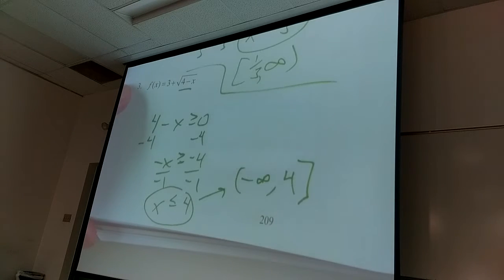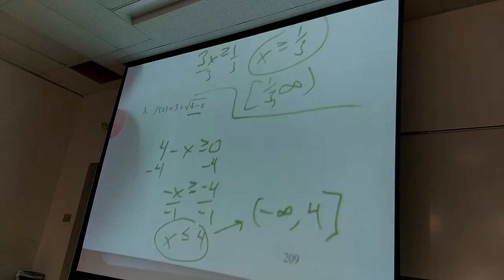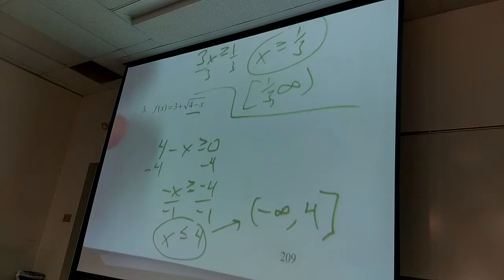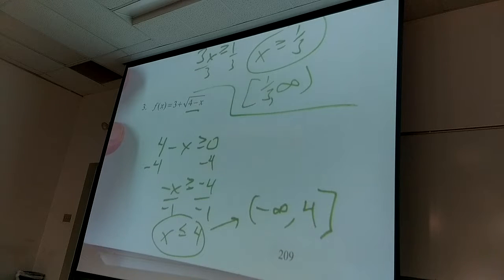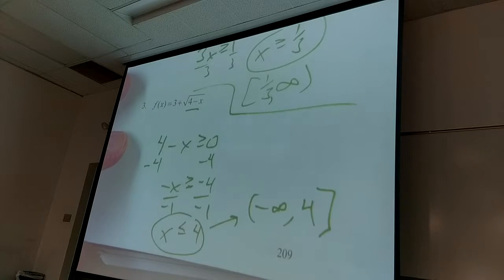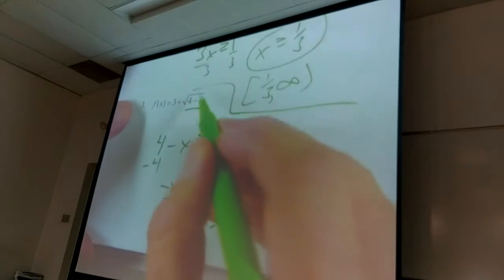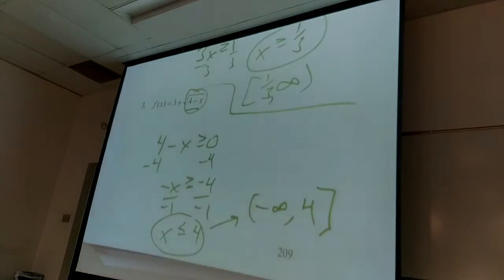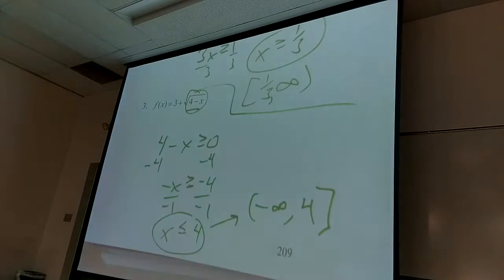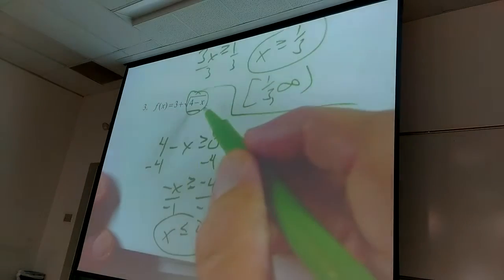No. This 3 is there because it could possibly be there. So, no, it's not a trick question. There are functions that look like this. So you have to understand that the only part you got to worry about is the part that would have a problem. The 3 is fine. It's only this that wouldn't let me.